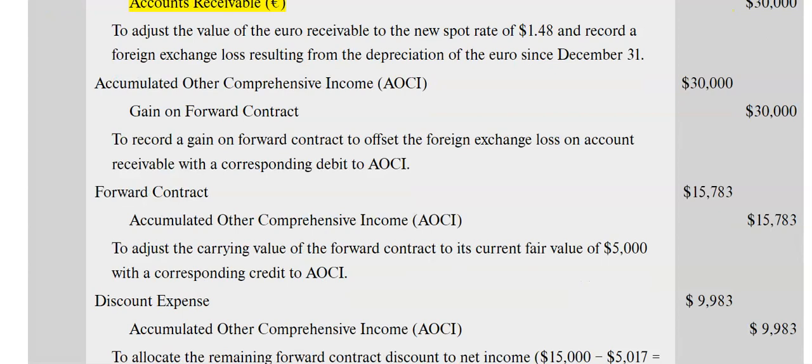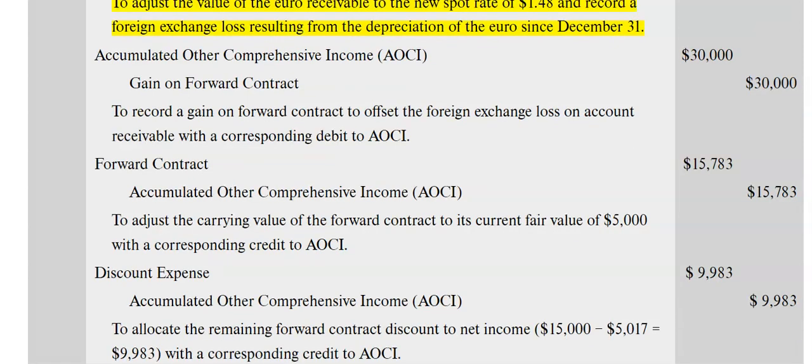Accounts receivable, Euro, $30,000. To adjust the value of the euro receivable to the new spot rate of $1.48 and record a foreign exchange loss resulting from the depreciation of the euro since December 31st.